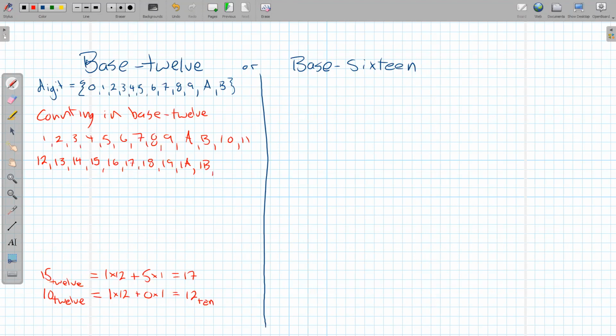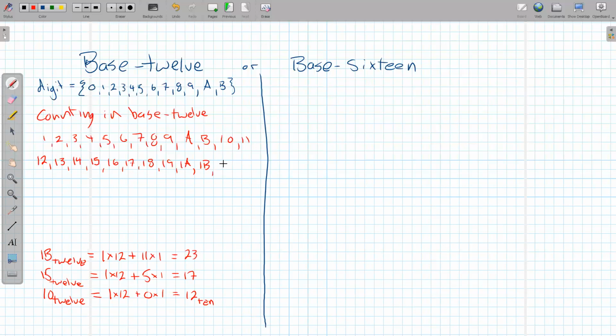Let's double check that. 1B in base 12. That would be one group of 12 plus B is 11 ones, which would be 12 and 11 or 23.